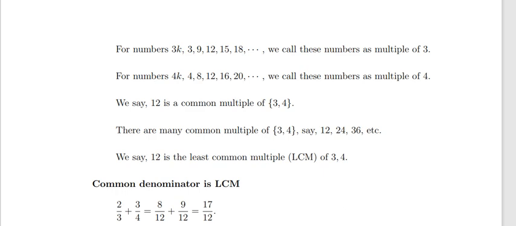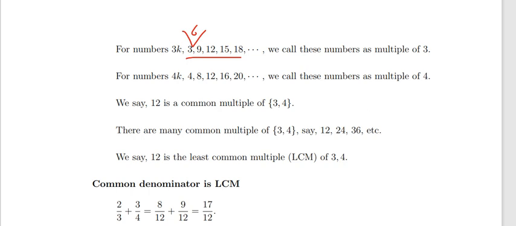Okay, so for those numbers like 3, 6, 9, 12, 15, we call those multiples of 3. Just 3 multiplied by 1. Oh, I'm sorry, I missed the 1. 3 multiplied by 1, 3 multiplied by 2 should have 6, right? 3 multiplied by 3, multiplied by 4, multiplied by 5, like that.